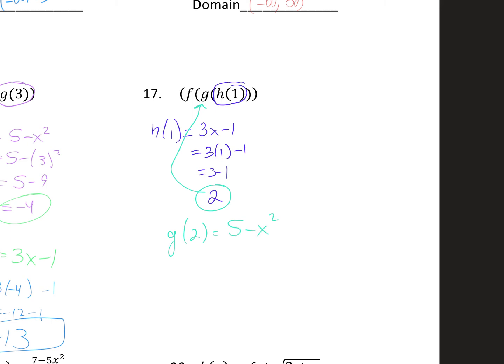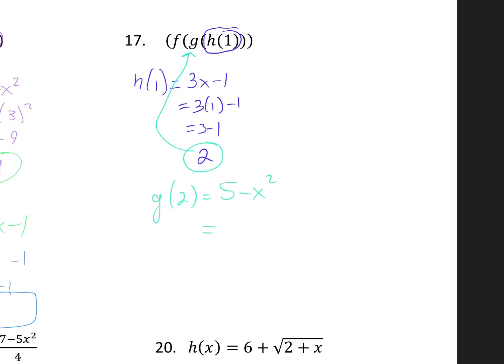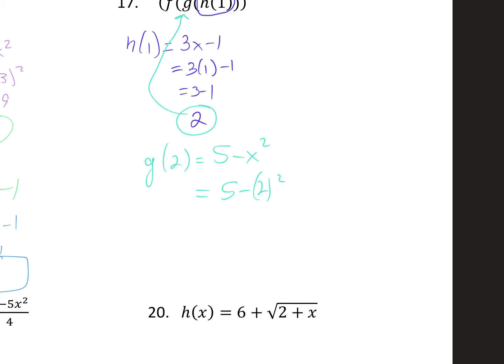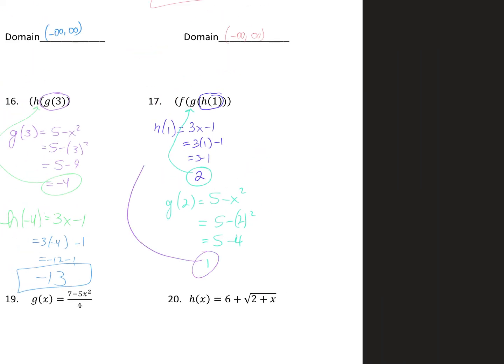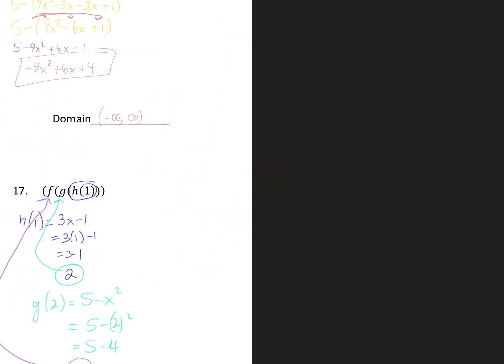Yeah? Okay. Before I get to the end, you guys are like, you didn't write the problem right. So I have 5 minus 2 squared. Well, could I have made this any easier for you guys? 5 minus 4 is? All right, now what do I do with 1? I'm going to take it and plug it into f. So I'm going to find f of 1.